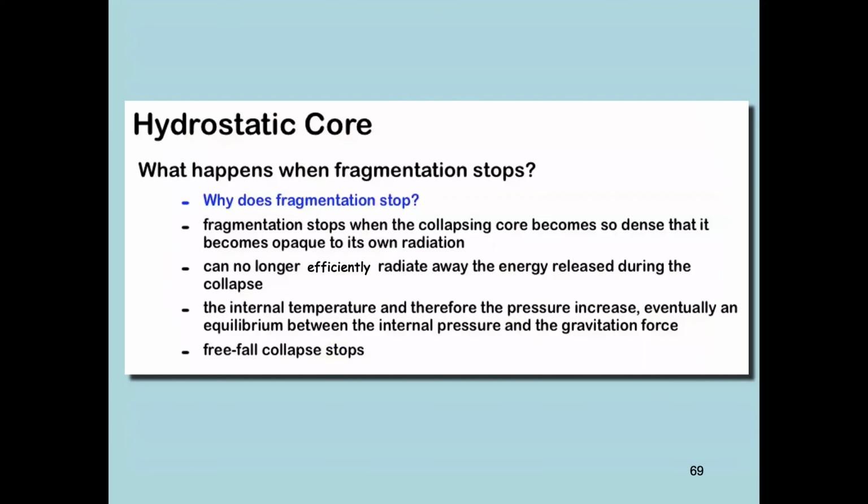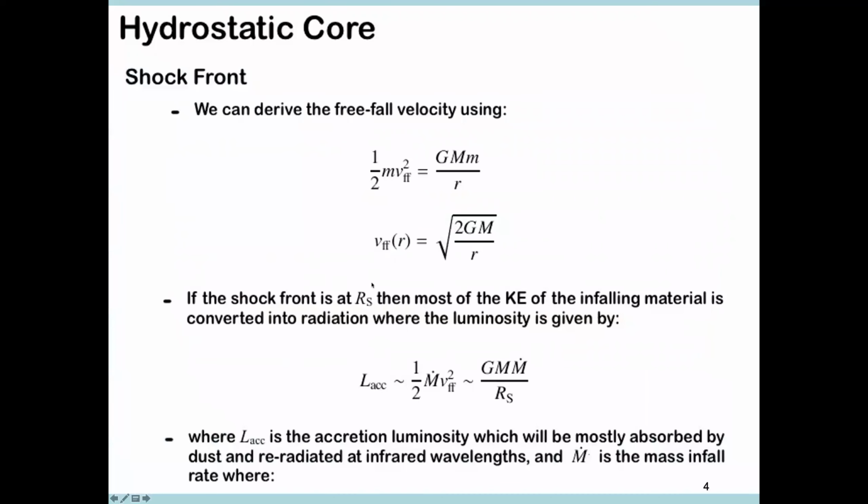So let me go through the few equations that you need to remember here. We can derive the accretion luminosity from these simple equations. The first thing you have to do is get the free fall velocity, and you can do that by setting the kinetic energy equal to the potential energy.